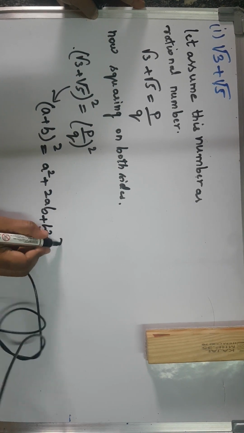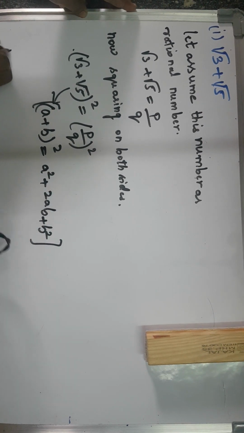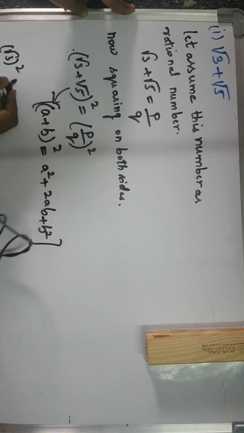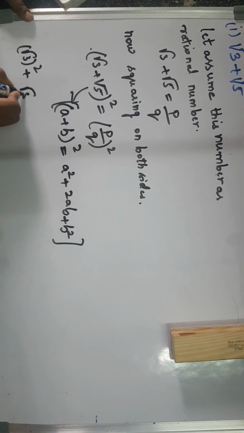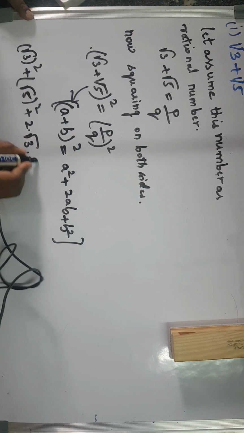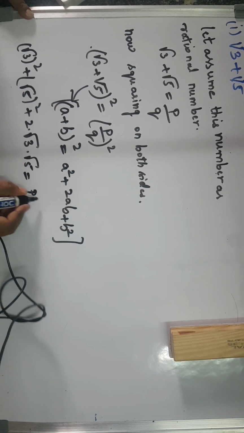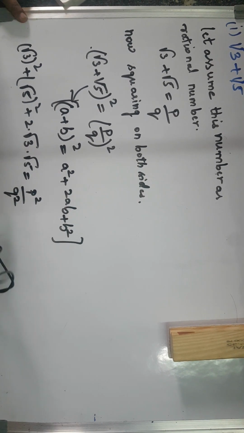So root 3 whole square plus root 5 whole square plus 2 into root 3 into root 5 equals p square by q square.